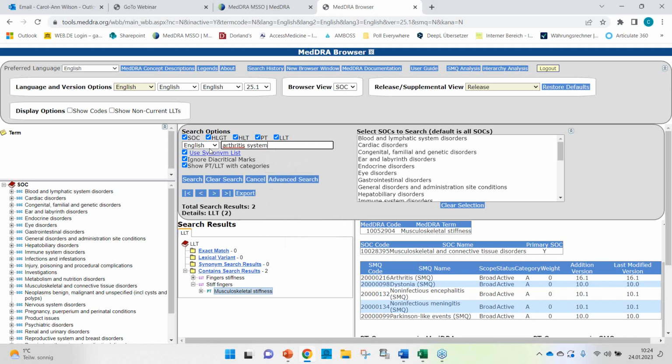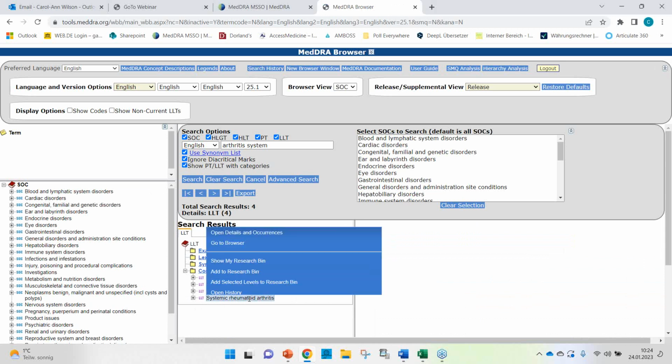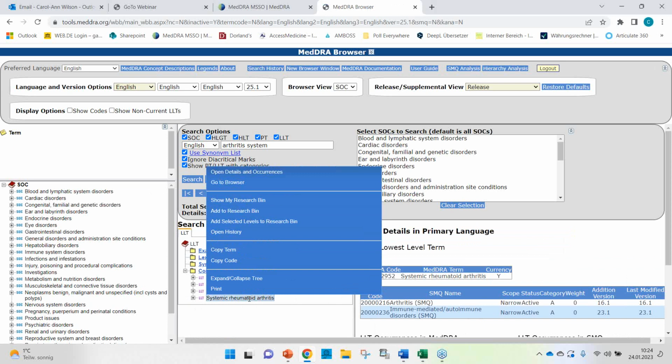So this is also relevant information, that it's not only just an inflammation of the joints, but has systemic signs and symptoms. So let us search for potential hits for this combination. And here we see systemic juvenile chronic arthritis, systemic juvenile idiopathic arthritis, systemic onset juvenile idiopathic arthritis, and systemic rheumatoid arthritis. So let me first check the systemic rheumatoid arthritis. And many of you have voted for these rheumatoid arthritis terms.